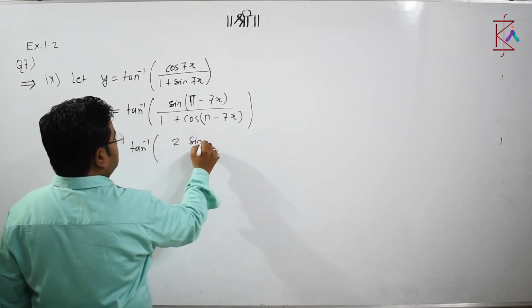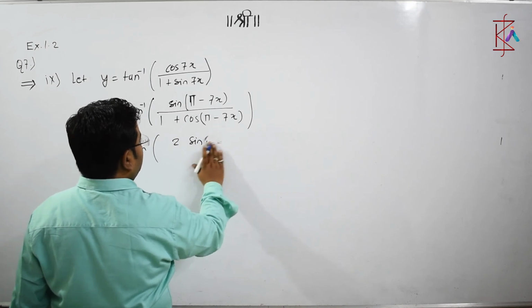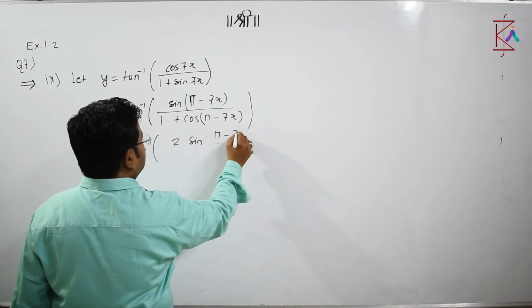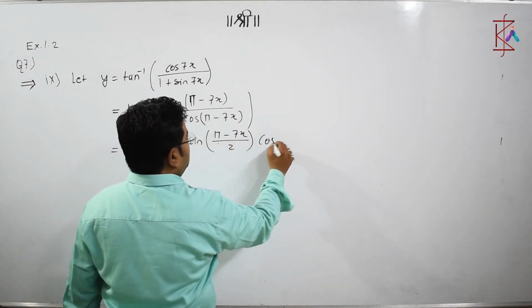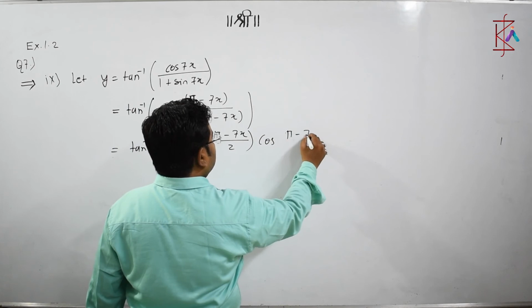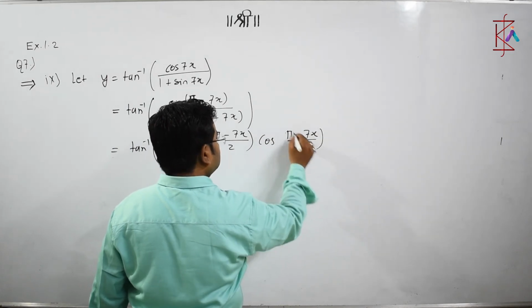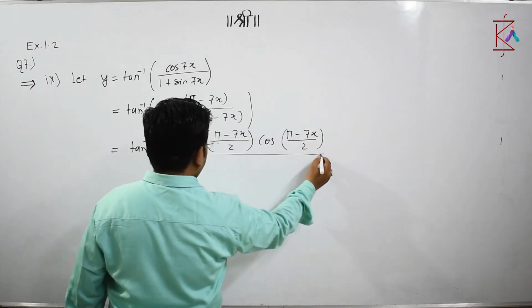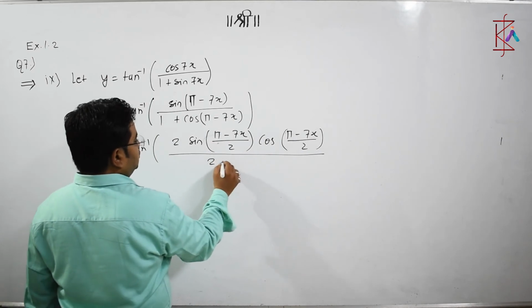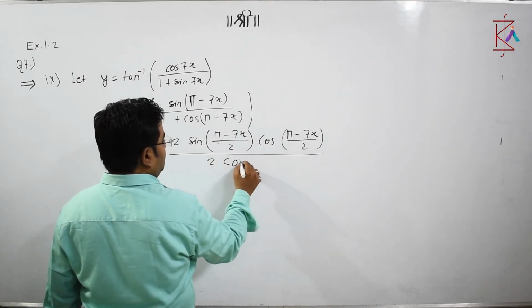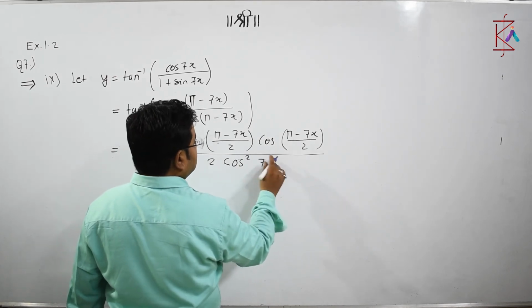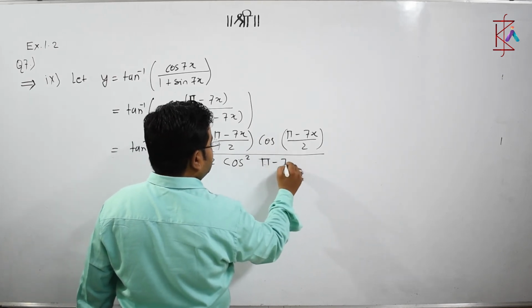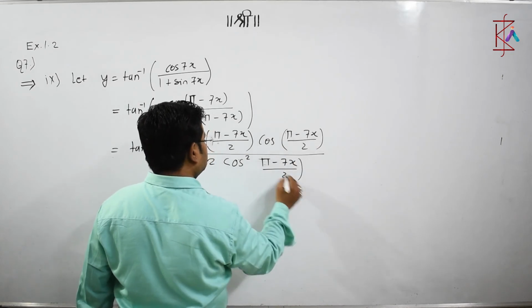Sine of pi minus 7x by 2 into cos of pi minus 7x by 2, divided by what? 2 cos square pi minus 7x by 2.